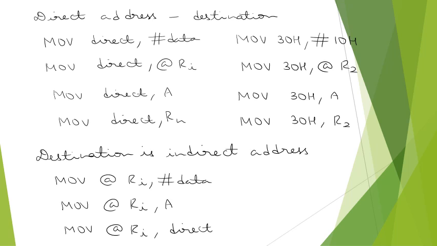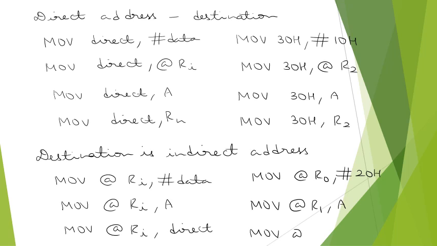So the example is MOV @R0, #20h. So the value 20h is copied to the memory location specified by the register R0. Then we have MOV @R1, A. So the accumulator content is copied to the memory location specified by the register R1. And then we have MOV @R0, 30h. So the content of 30h memory location is copied to the memory location specified by the register R0.